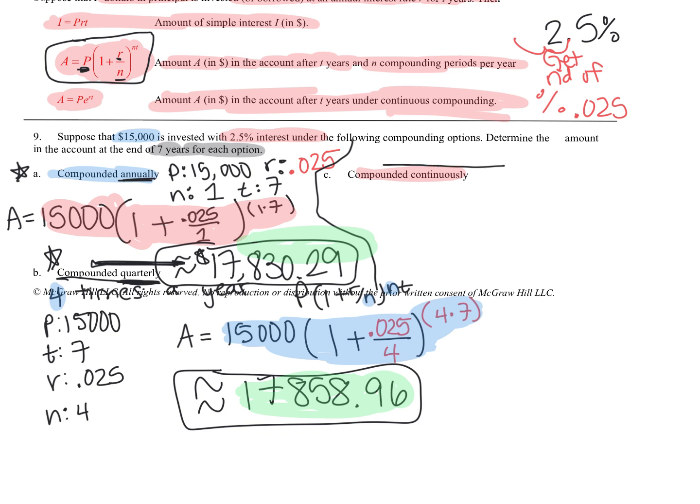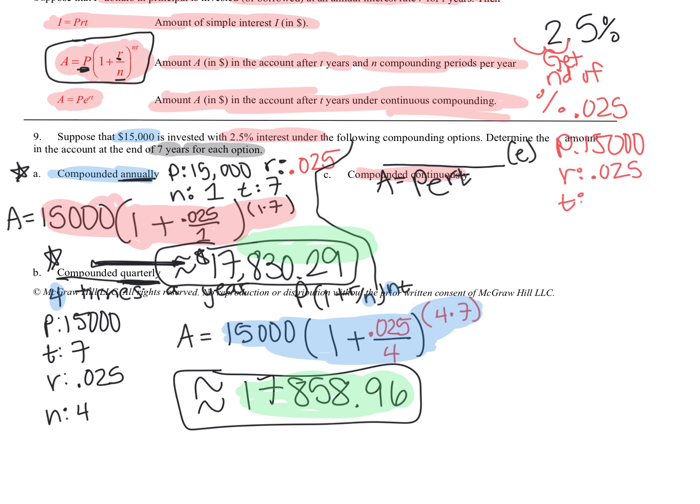And then the last one we're going to talk about for this type of problem is when it's compounded continuously. Continuously means to use E. So we are now going to be using the PERT formula, where we still have an investment of 15,000. So that's my P. My R is still 0.025.